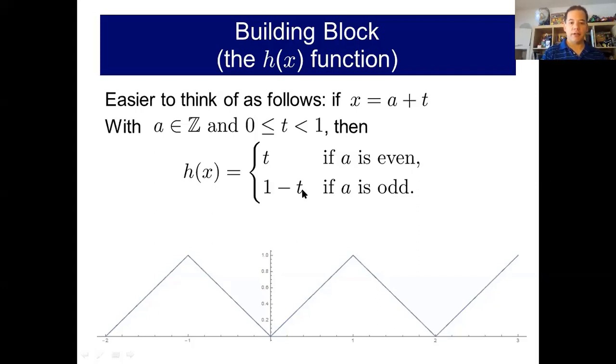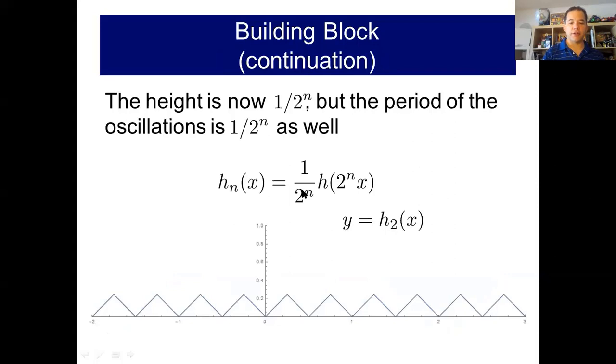And then after this, we looked at these hn functions, which is just take that same one, make it oscillate 2 to the n times as fast as the original one, but then divide everything by a factor of 2 to the n. So that makes it so that the slopes here are also 1 and -1, but you go up and down a larger number of times.